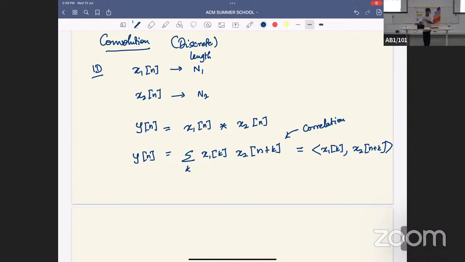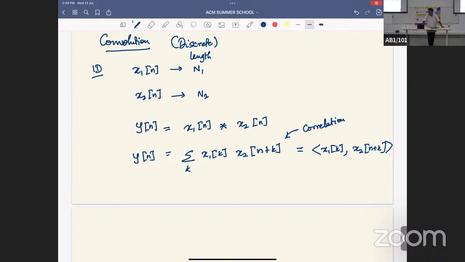Given a sequence of length N1 and another sequence of length N2, what would be the length of y of n? I fix one sequence and move the other this side and this side to span the entire length, taking that many inner products. How many inner products you take determines the length of the output sequence y of n.